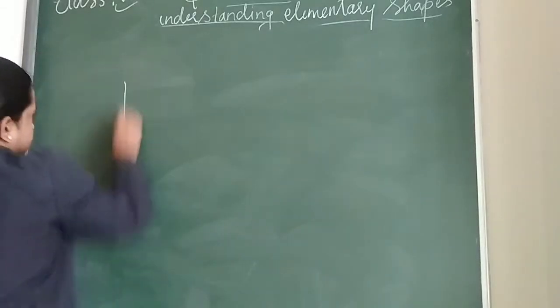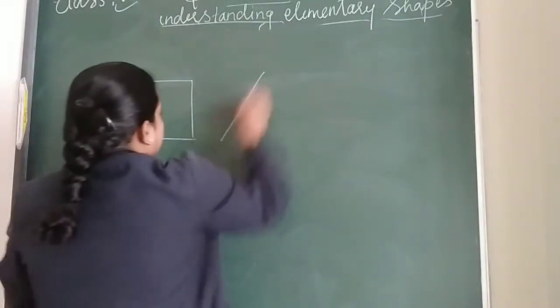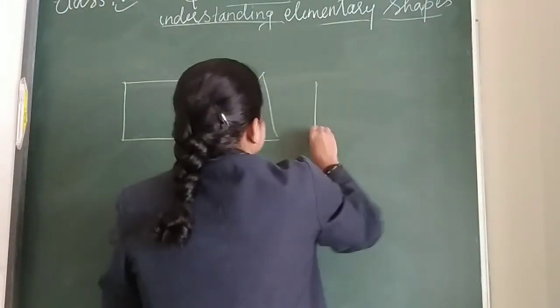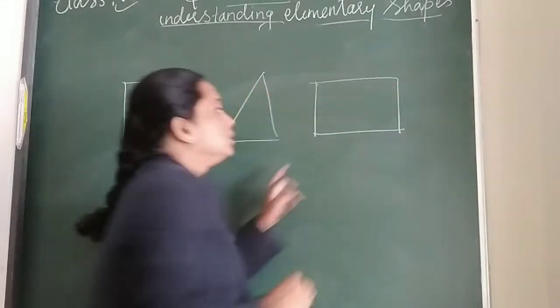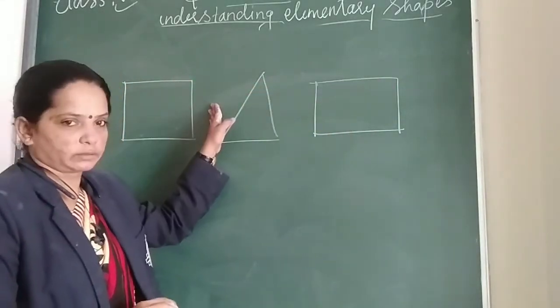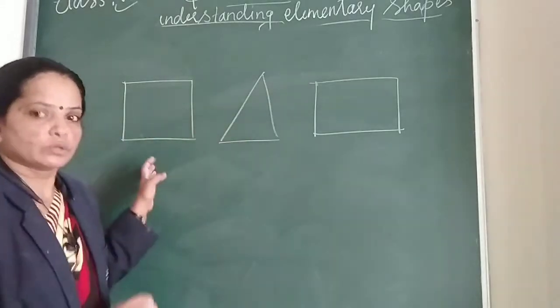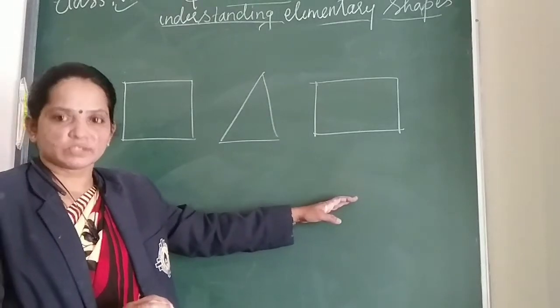If you take a triangle, a square, and a rectangle, these are all two-dimensional figures. They have only length and breadth, 2 dimensions. So they are called two-dimensional shapes.